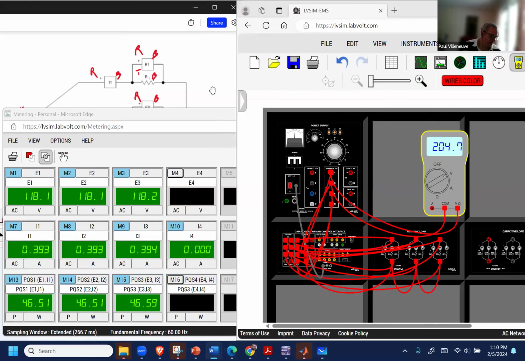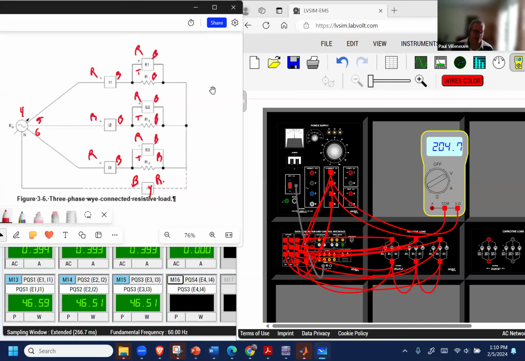I'll pause the video, and let me ask if there are any questions. And if there are no questions, I'm going to pause the video and give you an opportunity to build your circuit. So any questions on this first step? All right, with no questions, I'll bring this circuit up.